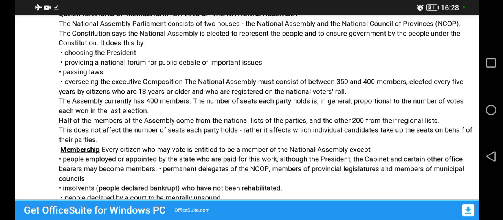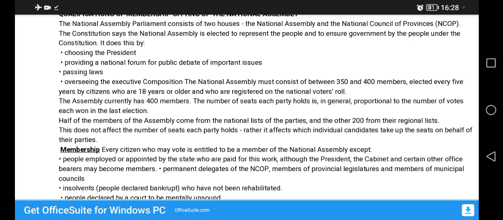It provides a national forum for public debate of important issues. It passes the laws that people say should be amended, or that people say we want, or that we no longer want, and that should be drafted down in our constitution. So they are the ones that deal with such.